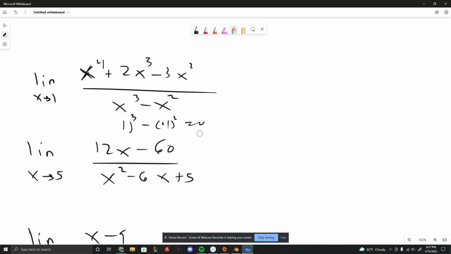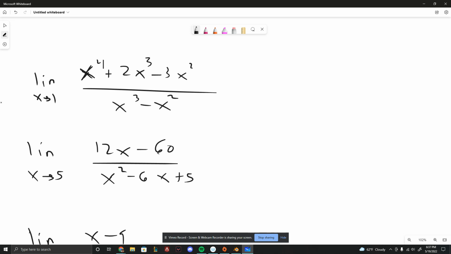So that's how you know that you cannot just plug 1 in here. You have to do something to your equation. You should always try substituting first when you're solving for limits. Always try plugging the limit value into your equation, because that's the easiest way. If that doesn't work, then you have to start factoring. But let's get to factoring.